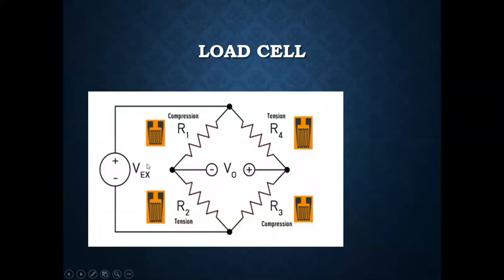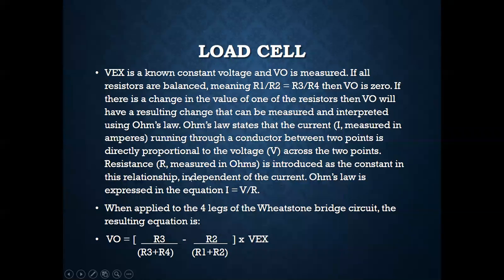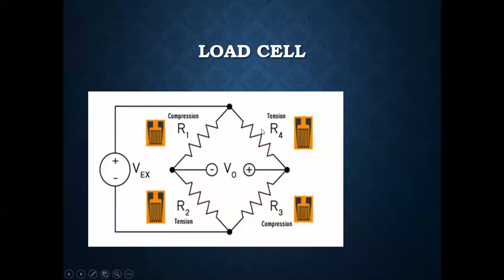The output Vo is in terms of Vex and R1, R2, R3, R4. The voltage at this point is equal to R2 divided by R1 plus R2 into Vex. The voltage at the other point is R3 divided by R3 plus R4 into Vex.